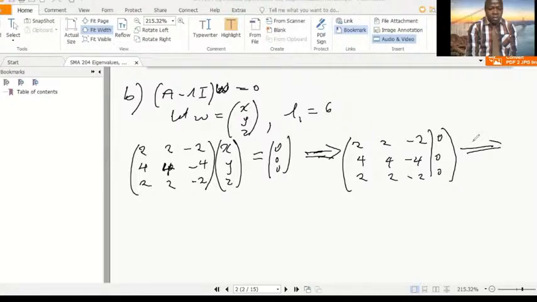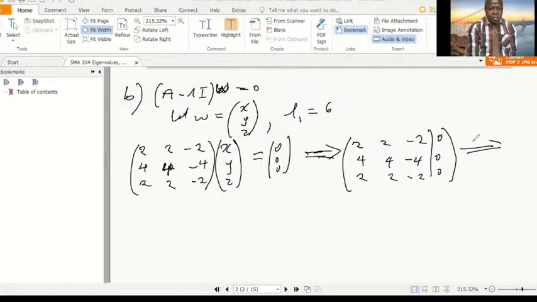Now, having created this one here, we use it to create a 0 in this position and then 0 in this position. That means I need to multiply row 1 by 4 and subtract the result from row 2. So the new row 2 will be the current row 2 minus 4 row 1.